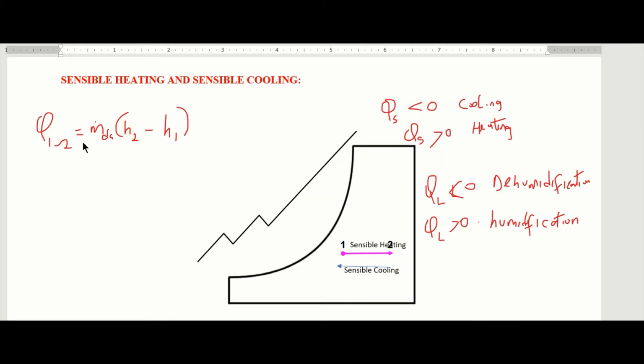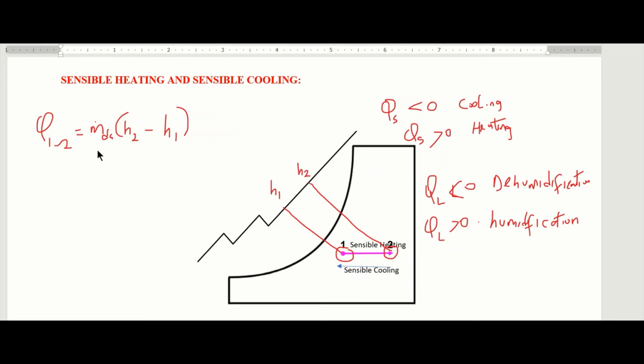So here is an equation we can use to find the total rate of heat transfer. Now, you note that we have two state points. This is our state 1, and here is our state point 2. To get your H1, you have to find the enthalpy at state 1. This gives us your enthalpy at state 1. Then to find your enthalpy at state 2, you use your state point 2 and draw your enthalpy line. This gives us our enthalpy at state 2.